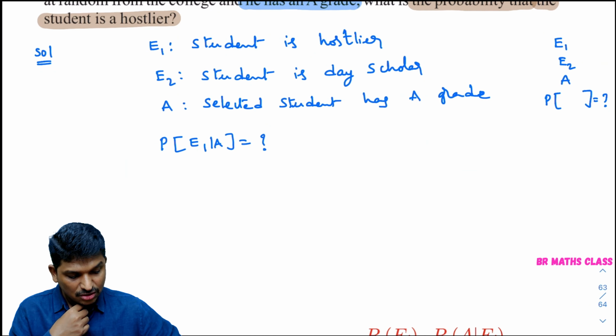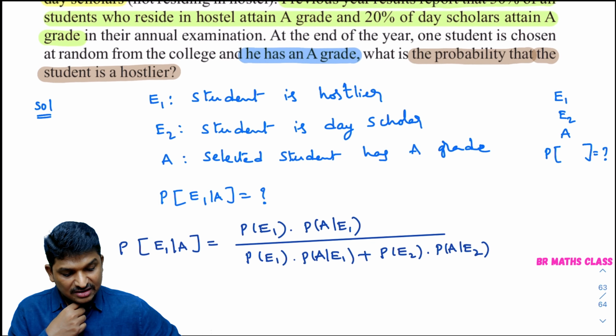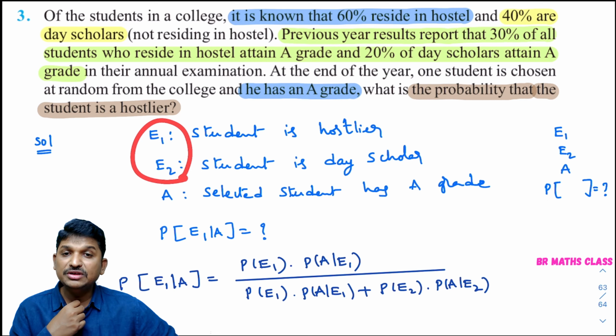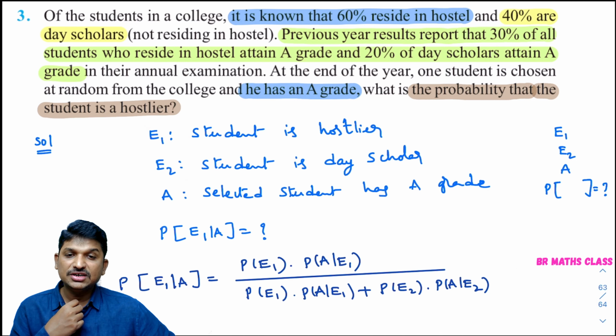This is the formula. See here, in case E3 also is there, then what happens here? Plus probability of E3 into probability of A by E3, that we will write.